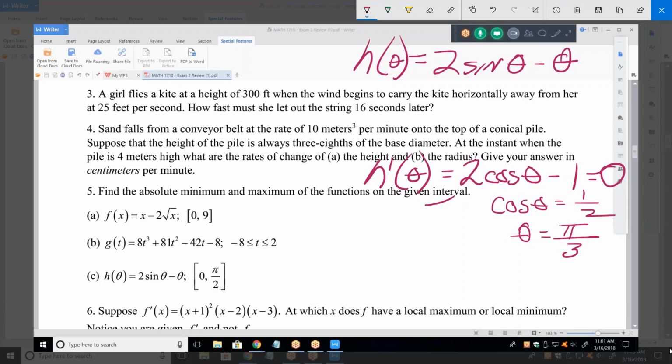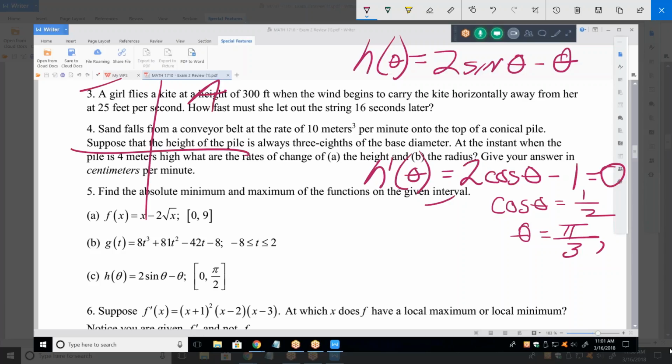It's a 60-degree angle. Oh, yeah. Okay. So that's not even in the interval. What's the other one? Where else is cosine positive? In the second? Fourth. All students take calculus.